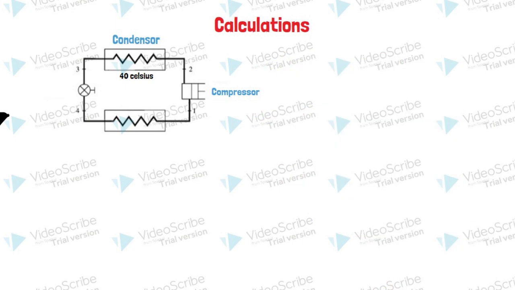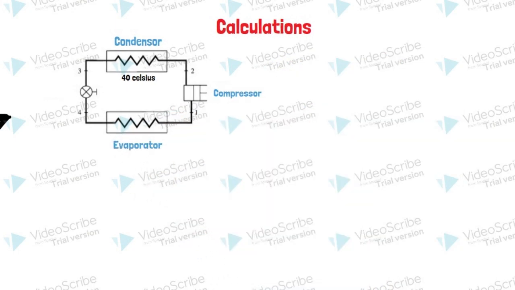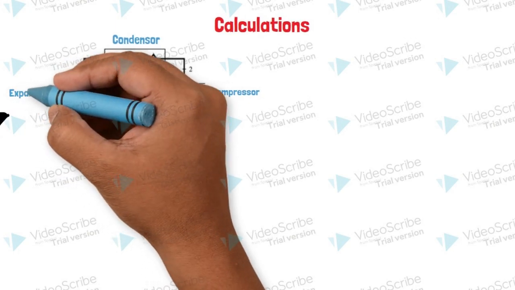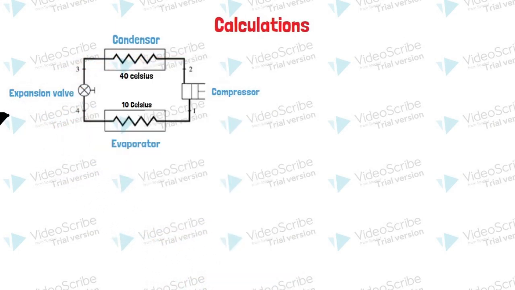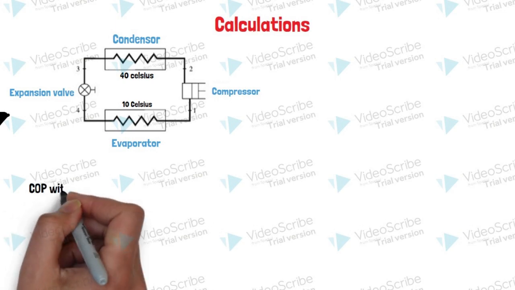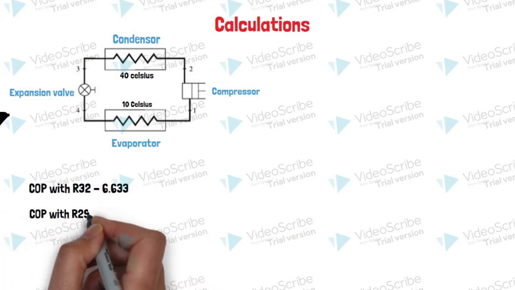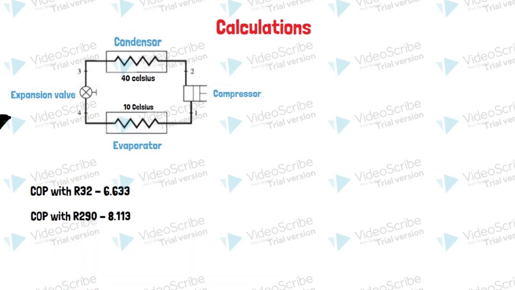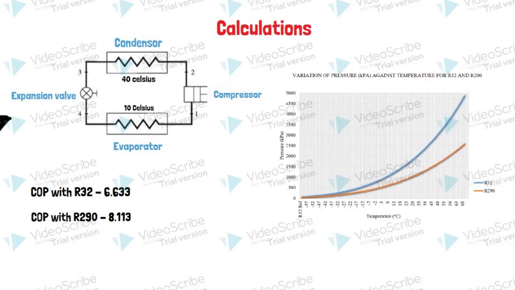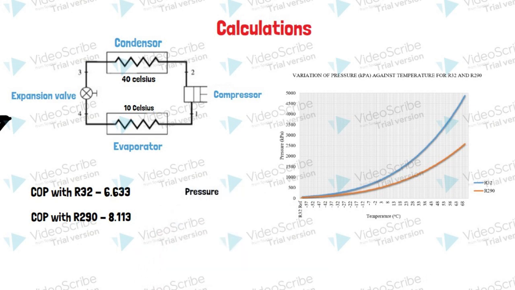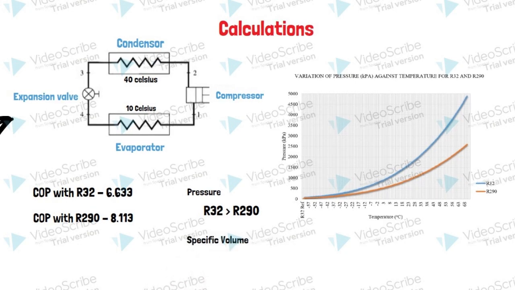The result from this calculation implied that R290 has a higher COP value than R32. As for the pressure, R32 was higher than that of the R290, and for specific volume, R290 was higher.